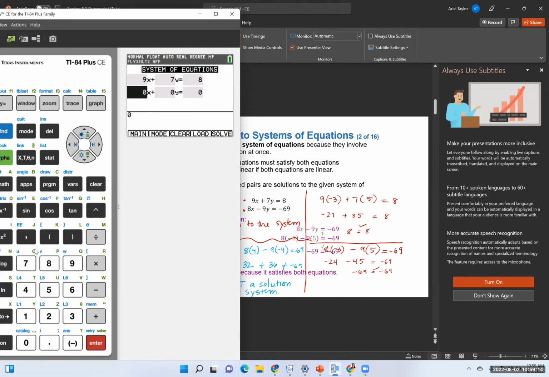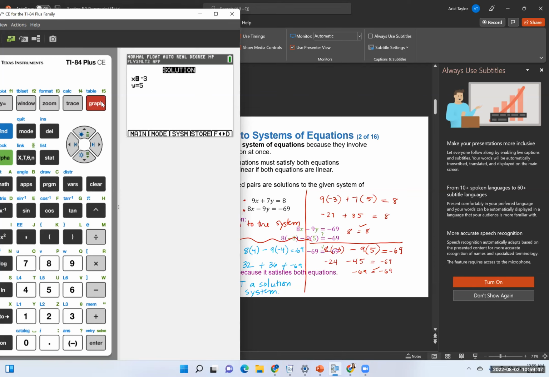And then in the next one, I'm gonna put 8x, but this time it's minus 9y equals negative 69. Make sure you use the negative key for the 69 and the minus key for the operation. And then the bottom number, you can solve it. So just click graph and click solve. And there's your answer, negative 3.5.